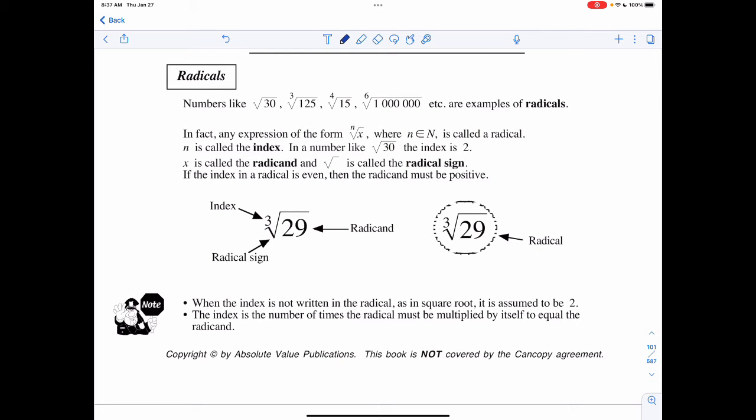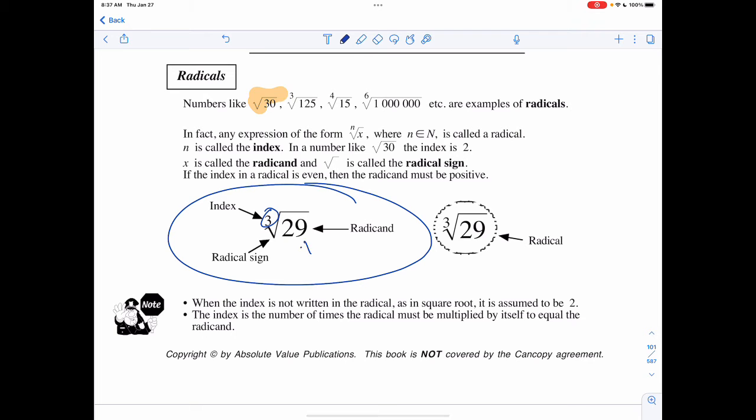Any radical with the root symbol, which we also call the radical sign here, is an example of a radical, obviously. When we look at an entire radical, it's made up of three parts. There's the index, which means how many times the number would have to be multiplied by itself to get what's inside.